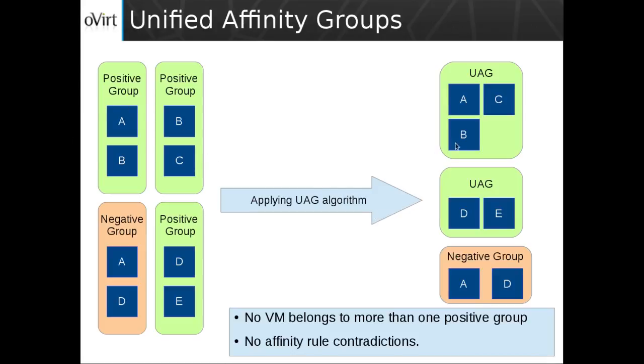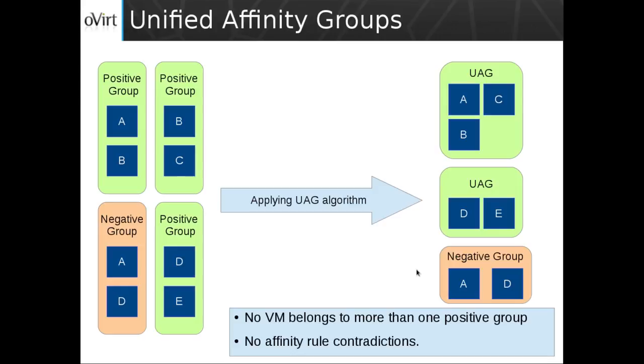These 2 groups became a unified affinity group. So these 2 groups became A, B, and C, which is one unified affinity group. This one stayed the same, and the negative affinity group also stays the same after applying the UAG algorithm.